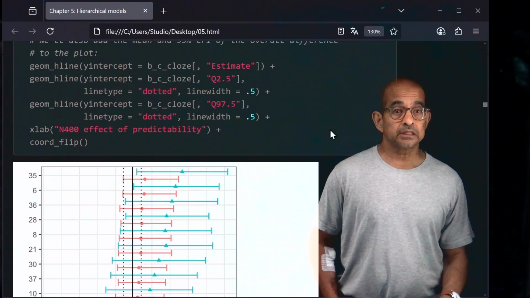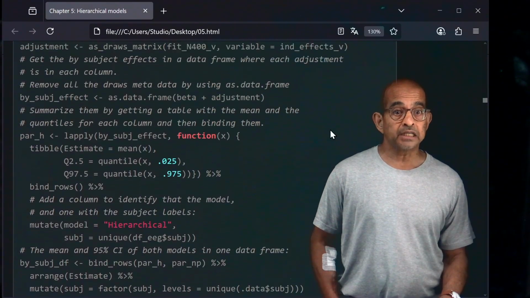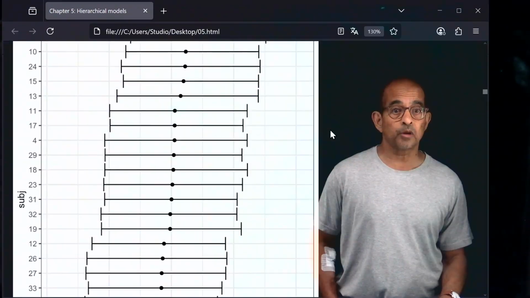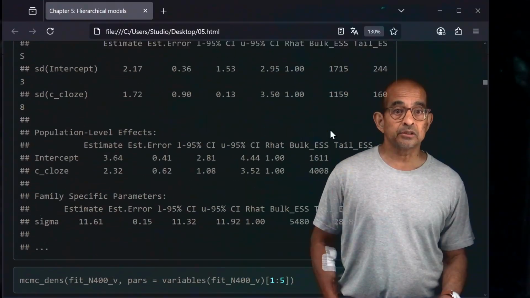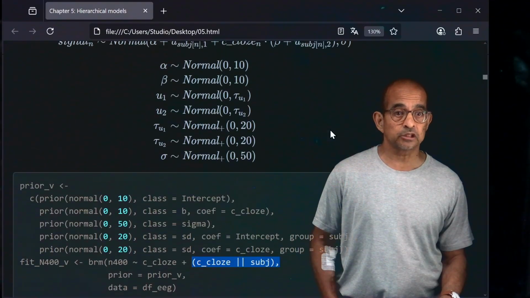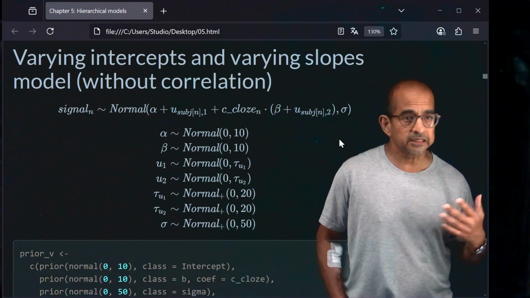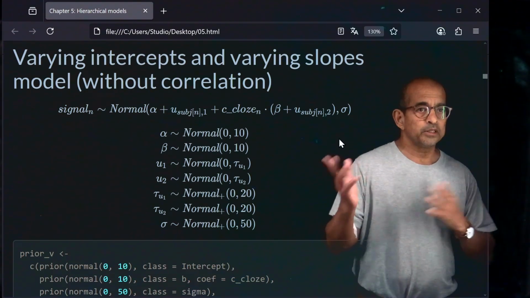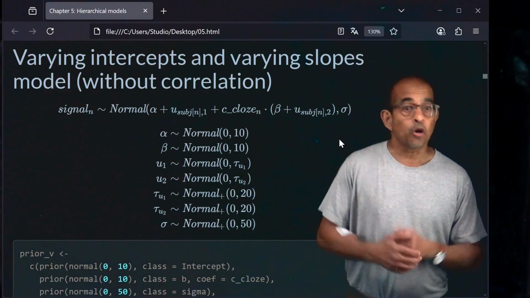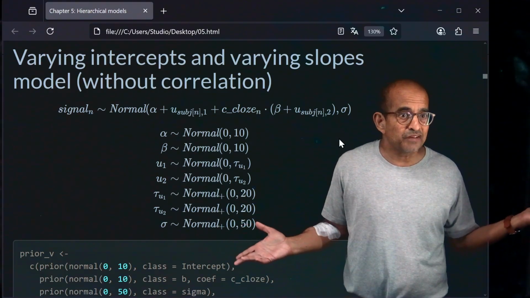And this is one of the important advantages of using a hierarchical model, because unlike ANOVA, repeated measures ANOVA and stuff, where you have to do all this crazy stuff like the Greenhouse-Geisser correction and so on, when you have imbalance in the data, or you just delete the data where you have some missing data points.